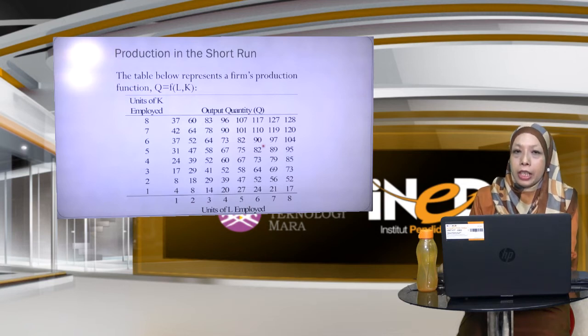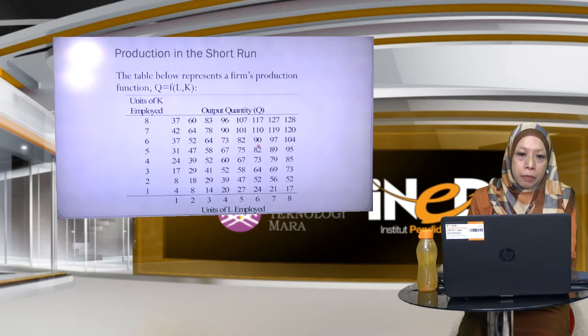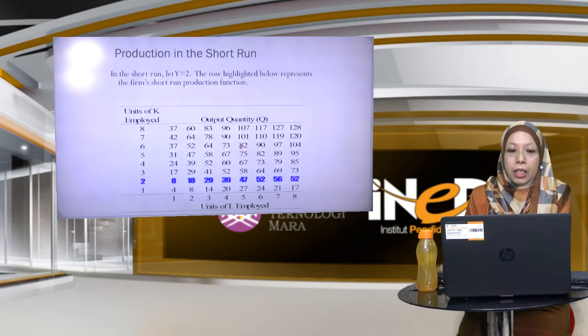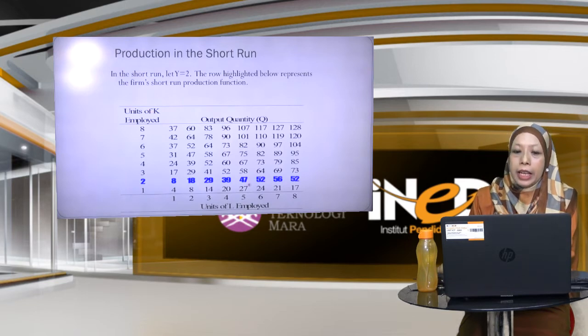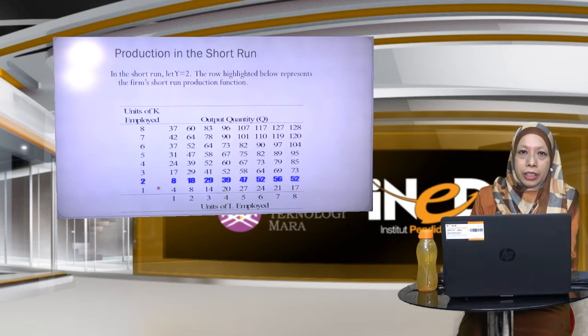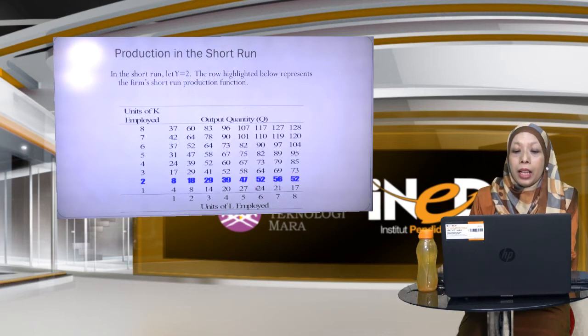In the short run, there are two types of input: fixed input and variable input. Here we have two inputs, capital and labor. In the short run, usually capital is held fixed, so it is considered the fixed input, while labor is the variable input.